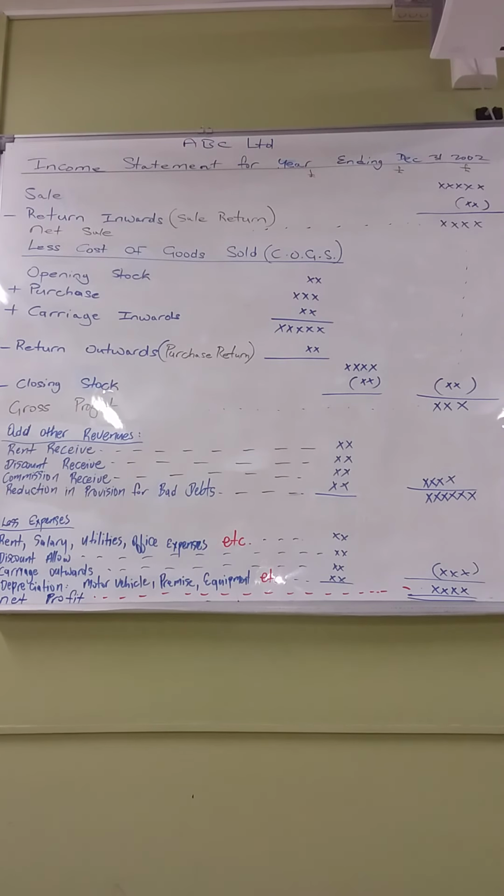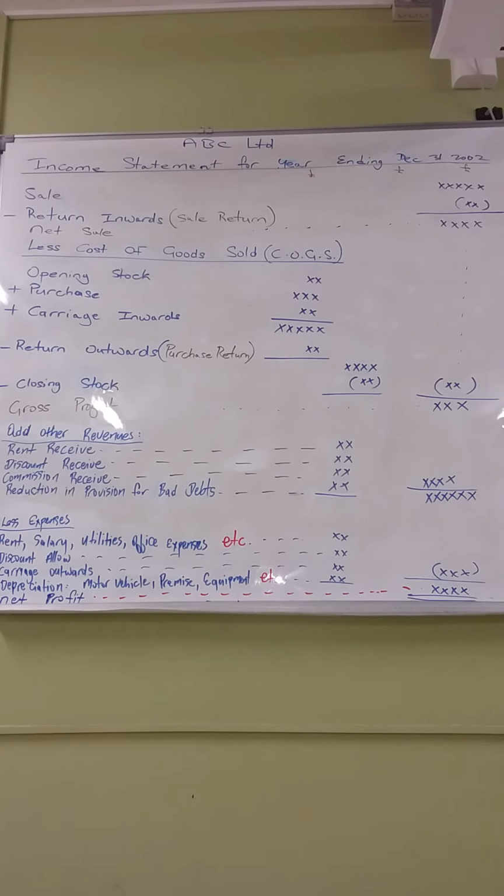That 450,000 is what we call our net sales. So our net sales is when you minus your return inwards, or sales return, from your sales.